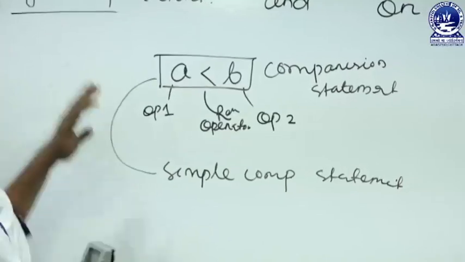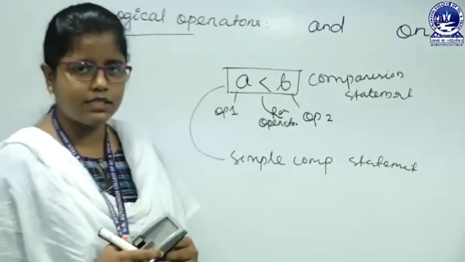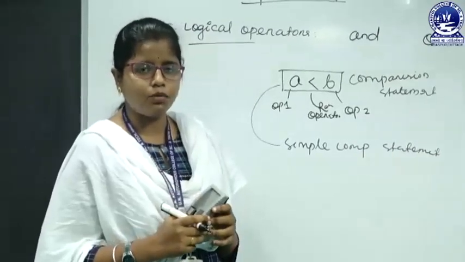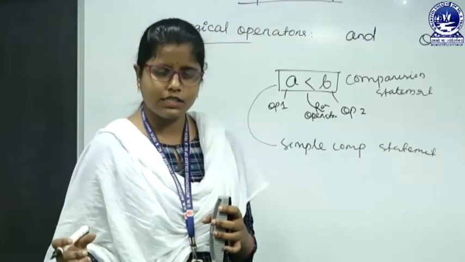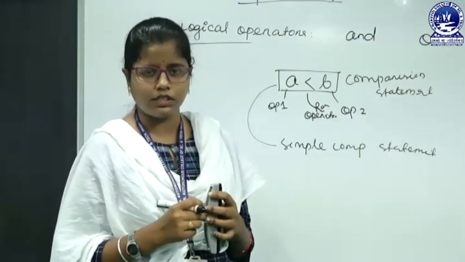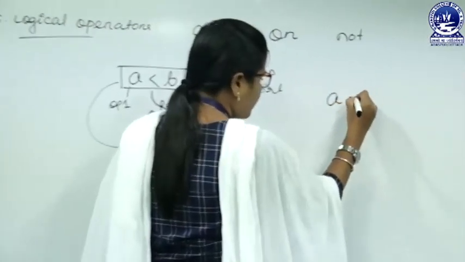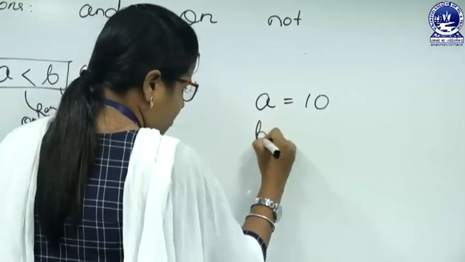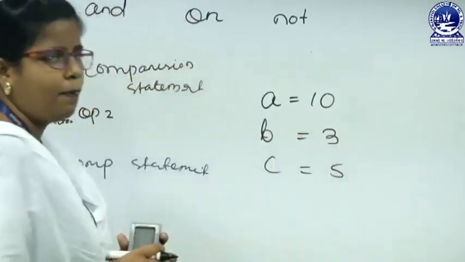So, we use the logical operators in compound comparison statements. What is that compound? That means when we are comparing 2 simple comparison statements, then we can use logical operators. For example, A equals 10, B equals 3 and C equals 5.